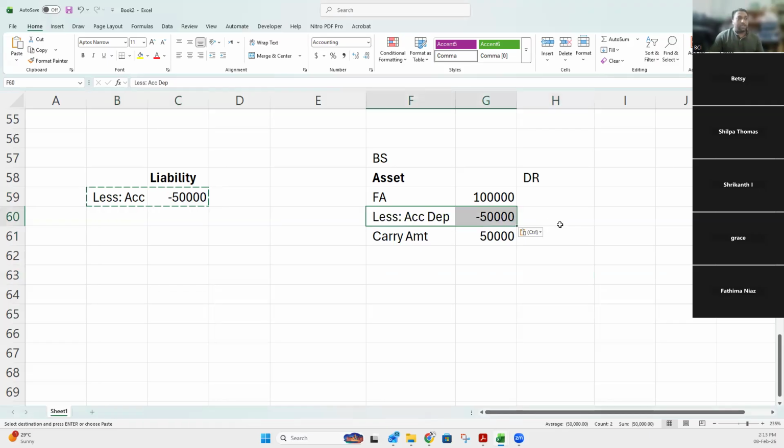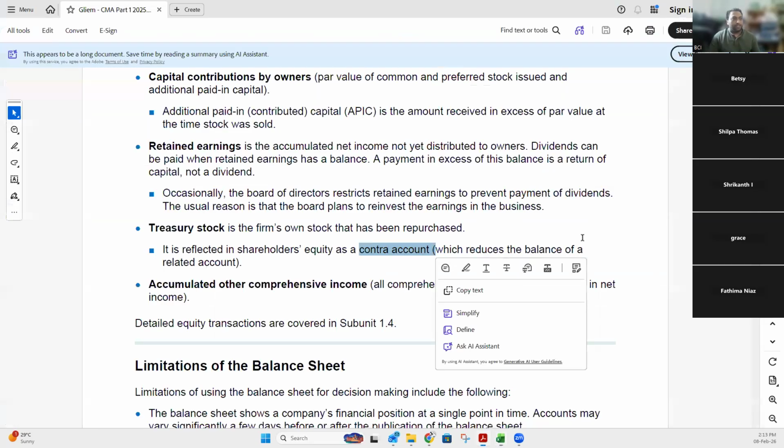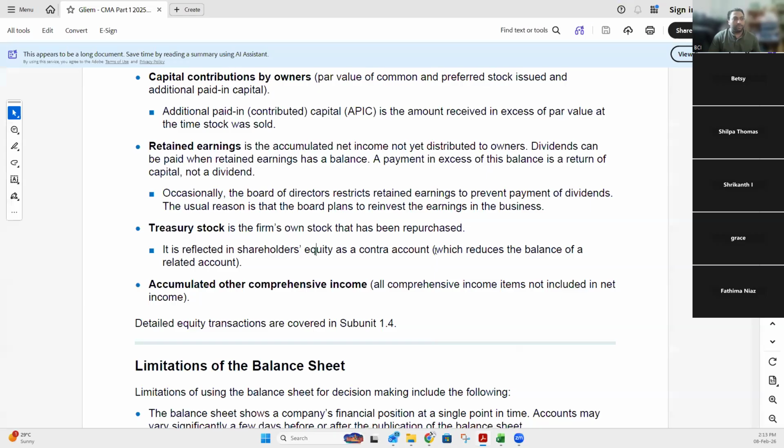That's why it is a contra asset, a contra account. What we are doing is contrastic, right? We are supposed to show it here, but we are showing it there. So that's why we call it a contra account.